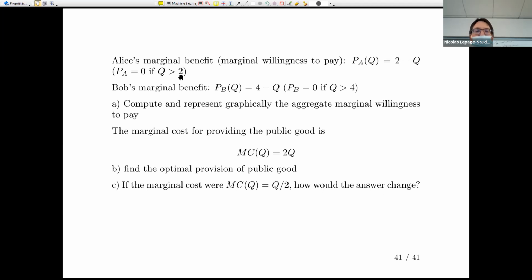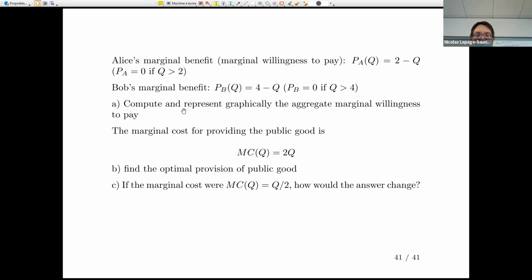So that's why I said here P equals 0 if Q is larger than 2. So you can verify that if Q is 2, then it would be 2 minus 2, 0. So that makes sense. And Bob's marginal willingness to pay would be 0 if the quantity is larger than 4. So then we have to be careful when we add these things up together.